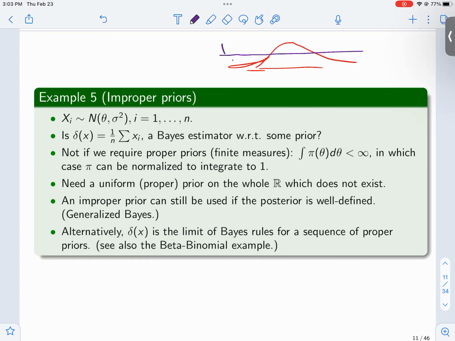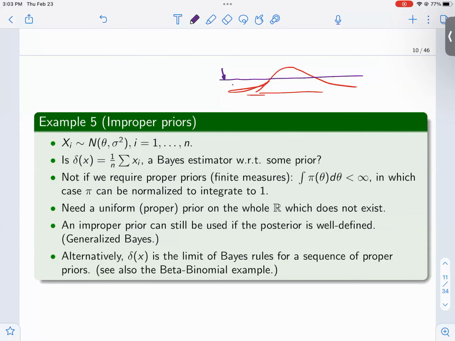Well, what if I want to use this? You can use this, and this would be what they call improper priors. Okay, so if you have p of theta given x, and then pi of theta, the posterior is going to be proportional to that. So you can just pretend that this density is 1.